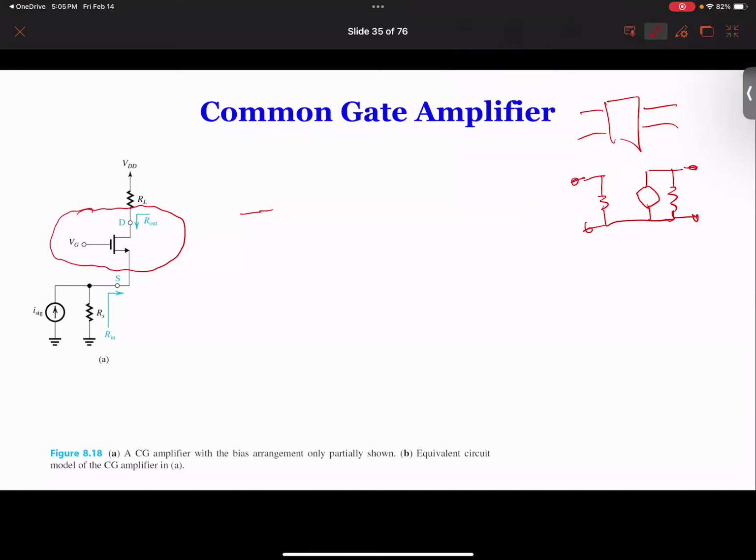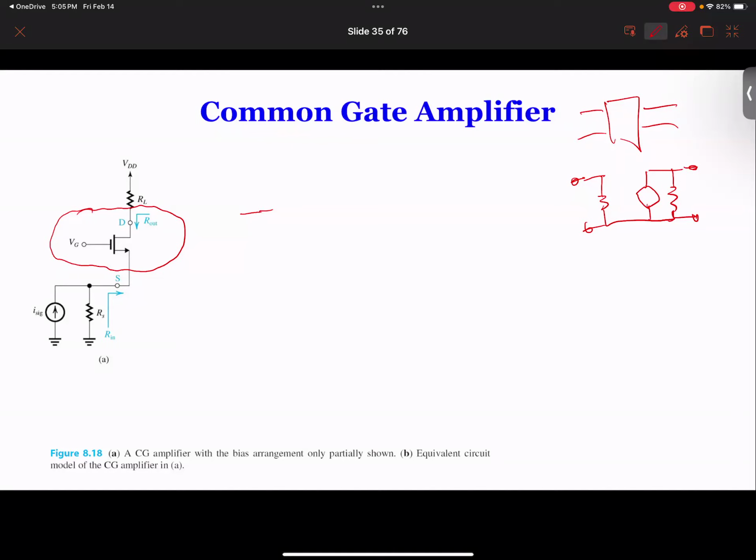Like this four-terminal network, here we just want to identify where the four terminals are. The input on the top is over here, so that's our input. That's a tricky part. The output is at the D, right? Then we have ground.